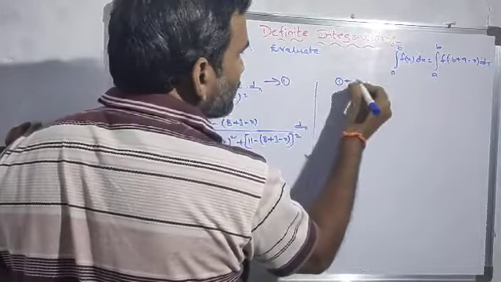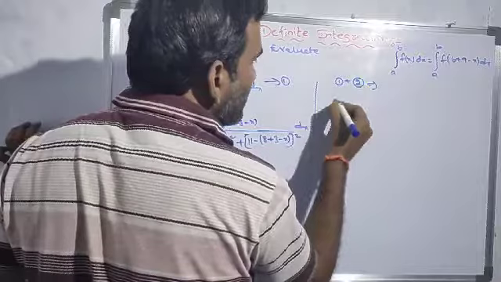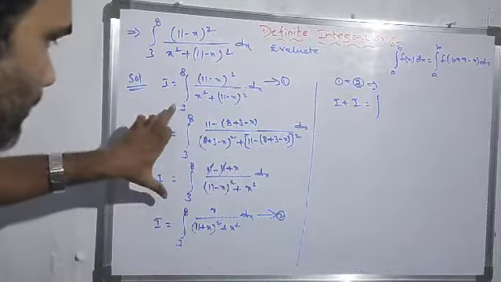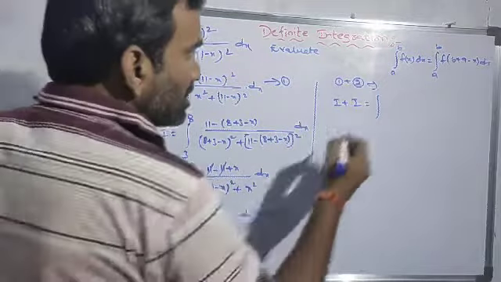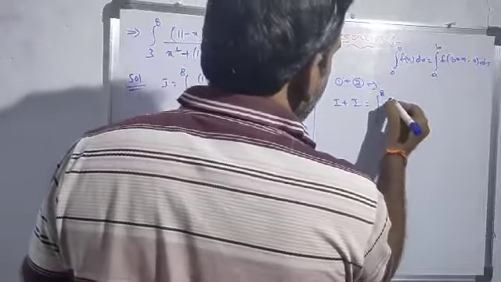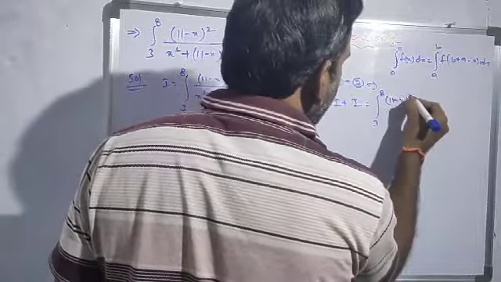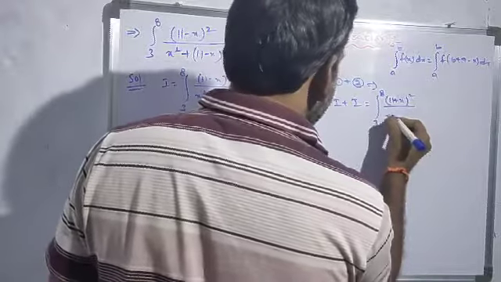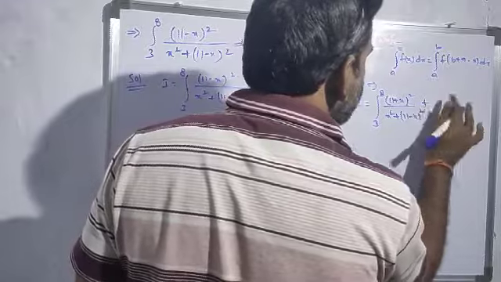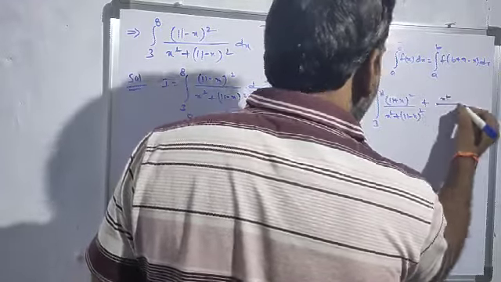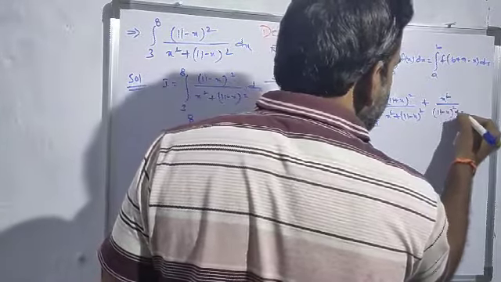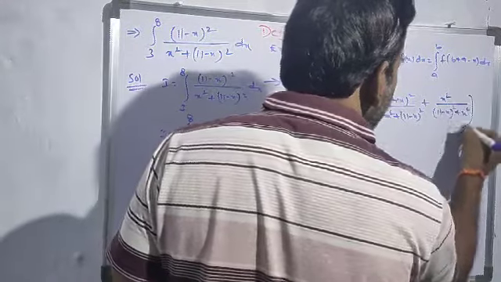Equation 1 plus equation 2: I plus I equals, both having the same limits 3 to 8, the integral of (11 plus x) whole square by (x square plus (11 minus x) whole square) plus x square by ((11 minus x) whole square plus x square) dx.